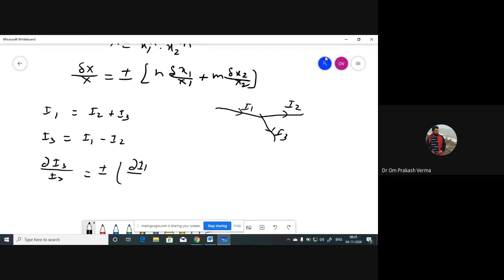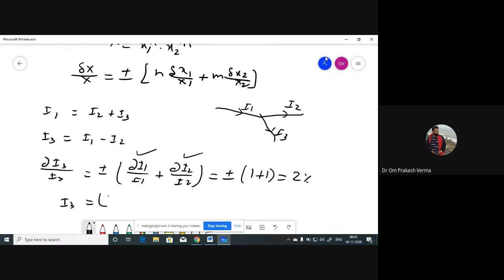Delta I1 upon I1 plus delta I2 divided by I2, right? तो यहाँ से आप प्लस माइनस करके फाइंड आउट कर लोगे इसका कितना वैल्यू है, 1, and also this 1, इसका भी 1 है. तो यहाँ से आप फाइंड आउट कर लिए 1 plus 1, that is 2%, right? So अब ये बताओ कितना आएगा? What is I3?